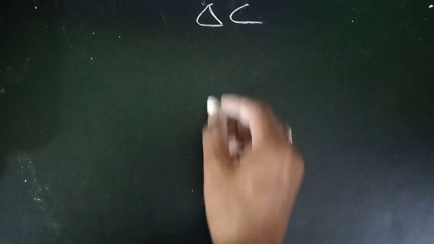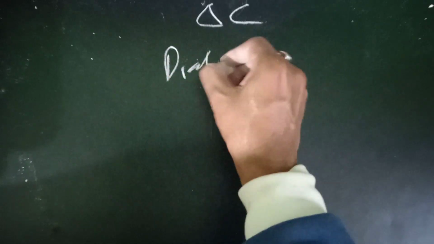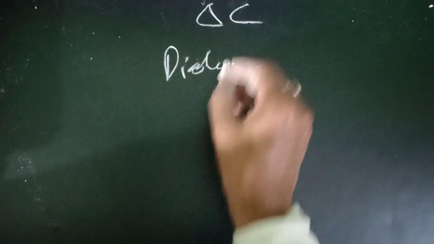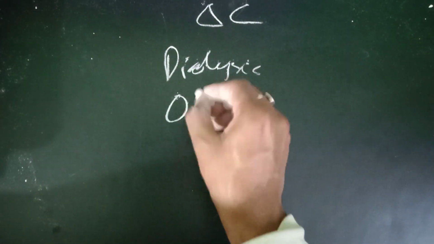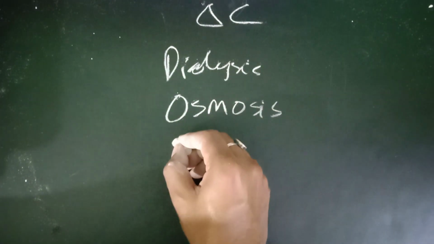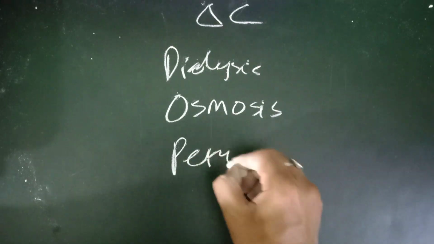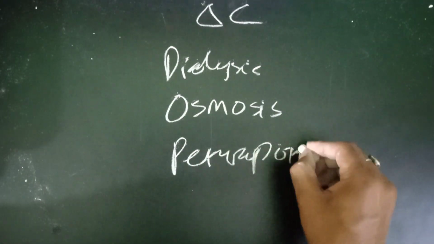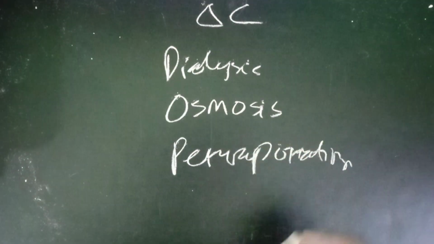For delta C, that is the concentration difference, we have processes like dialysis, then osmosis, and also pervaporation. Now in our syllabus we have delta P only, so let's focus on that only.